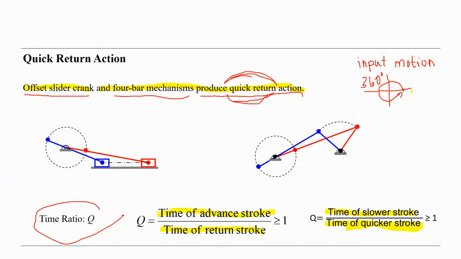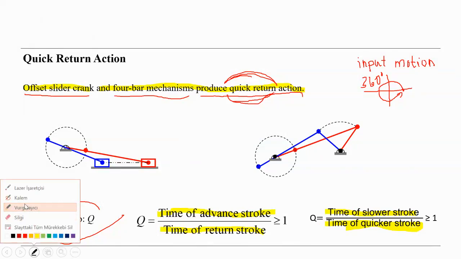So if we have our advanced stroke and return stroke, so advanced stroke or advanced motion or return motion. So quick return, advanced motion or return motion. So this is also another expression.